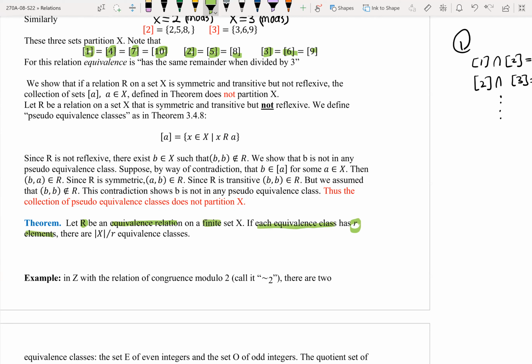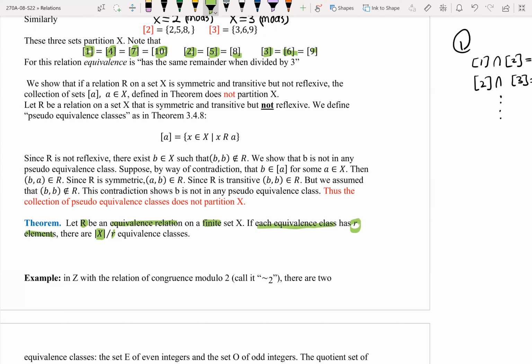So how many classes of equivalency do I have? It's the total number of elements divided by R. That makes sense, right? If your class of equivalency has 2 elements and your total has 10 elements, 10 divided by 2, then you have 5 classes of equivalency.